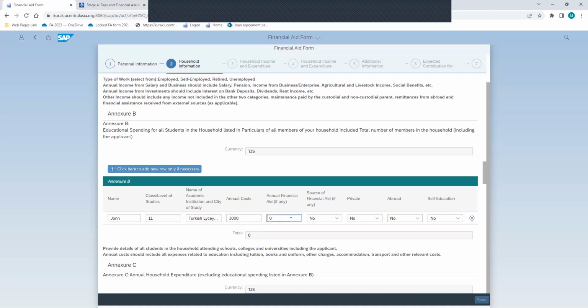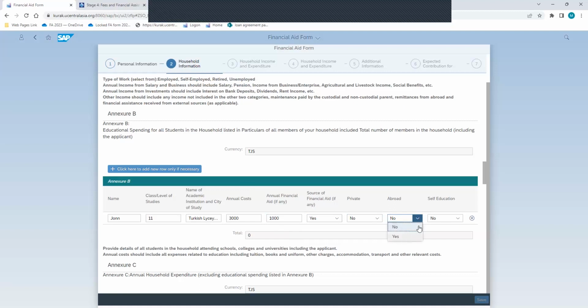Financial aid, if you receive any. Suppose the annual cost is 3,000, and assume that I'm a good student and I'm receiving financial aid at that lycée, so 1,000 is the source of financial aid. I'm choosing yes. Private, or maybe no, it depends on the individual case.